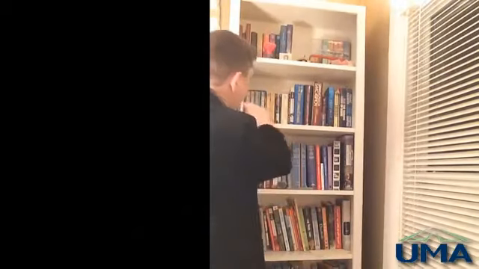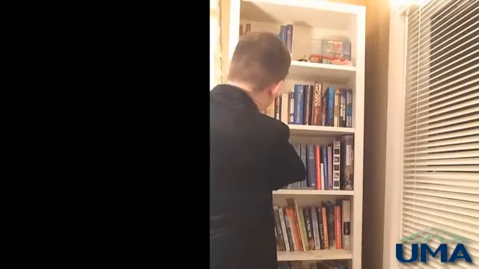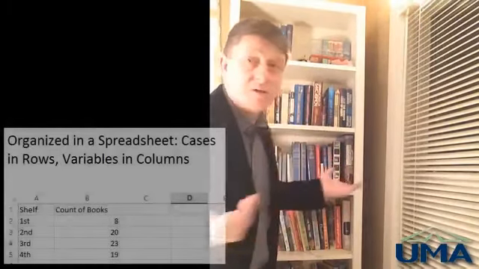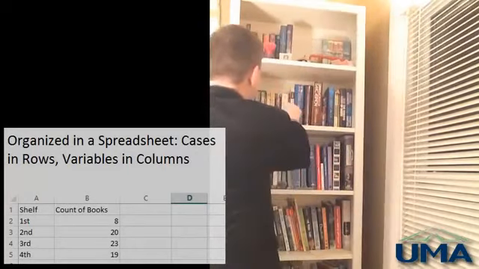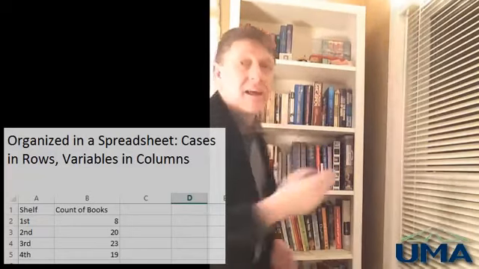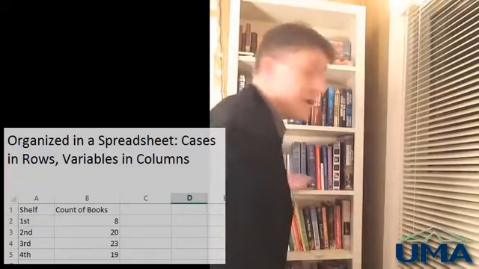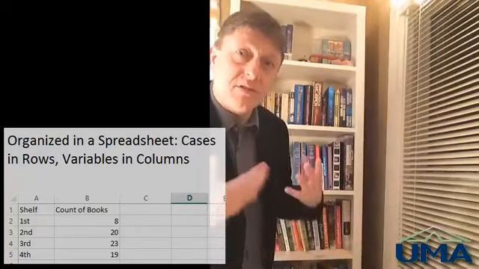So for any shelf, I can obtain an attribute, and if it varies, it's a variable called count, the number of books on a shelf. 1, 2, 3, 4, 5, 6, 7, 8, 9, 10, 11, 12, 13, 14, 15, 16, 17, 18, 19, 20. Another shelf will have another number of books, and that is the attribute of a shelf.